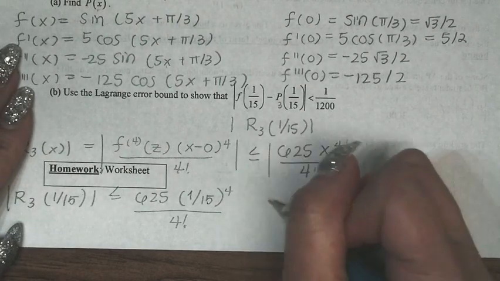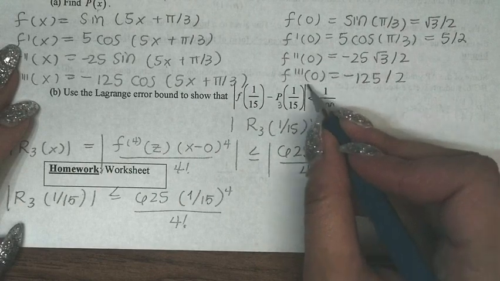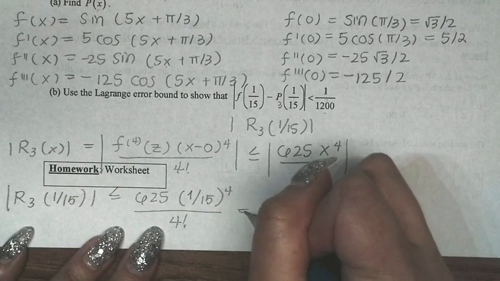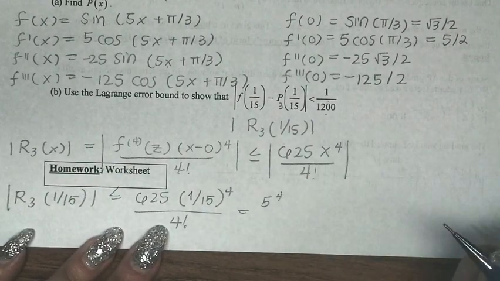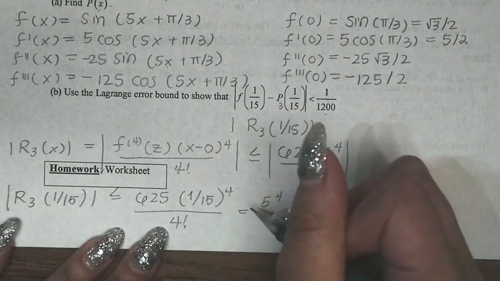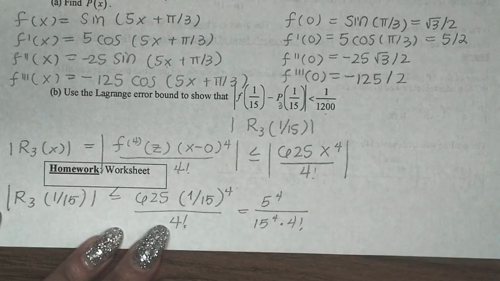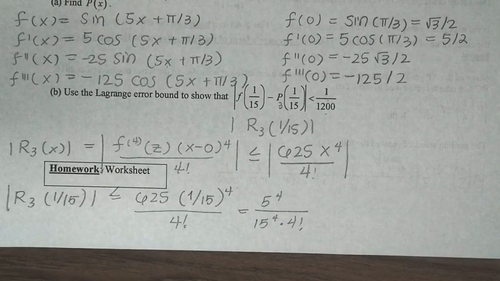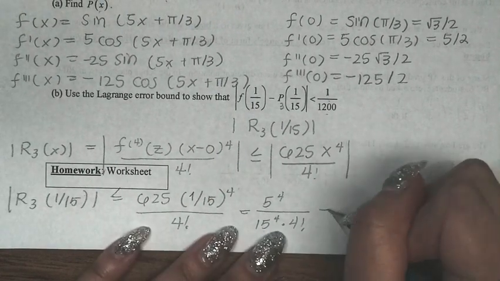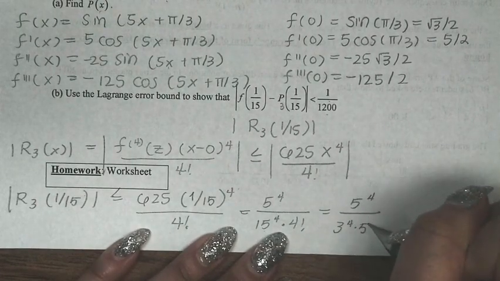In addition, if you want to simplify, because you're like, well, I don't know if that's true, since I want to prove that this is less than this, let's simplify it a little bit. You know that 625 is 5 to the power of 4. Then you have a 1 to the power of 4. Then the 15 goes down to the power of 4 times the 4 factorial. And you're like, well, I'm not sure. Well, break out the 15. What's 15? 5 times 3. By properties of exponents, we can do this no problem.